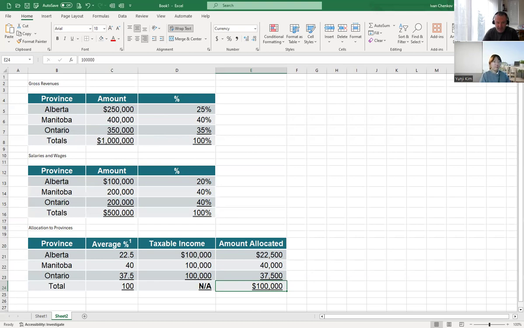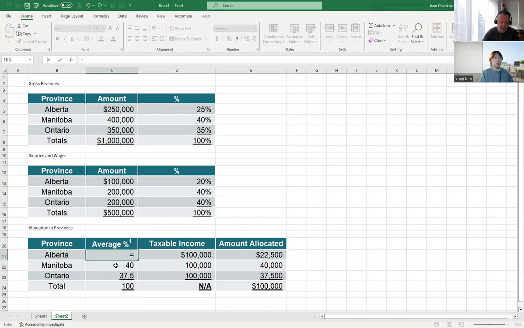Now, where do they get this average revenue and salary wages percentage for each province? The average is equal to the average of this one and that one, just those two numbers.